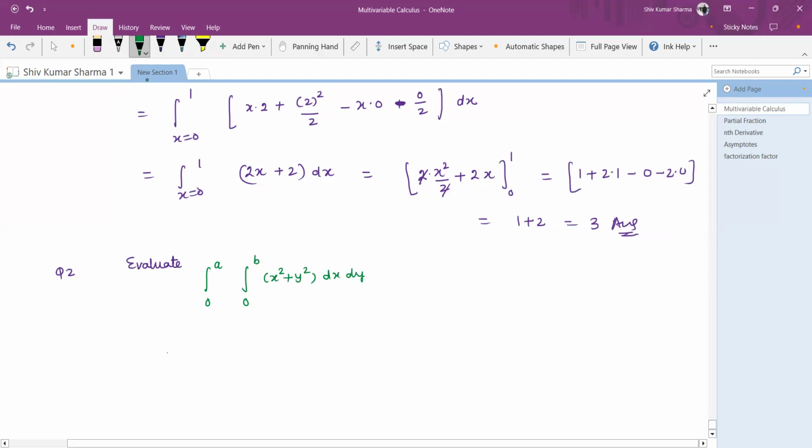Similarly, we see that this means dx dy. So right to left, this is the limit for x and this is the limit for y.